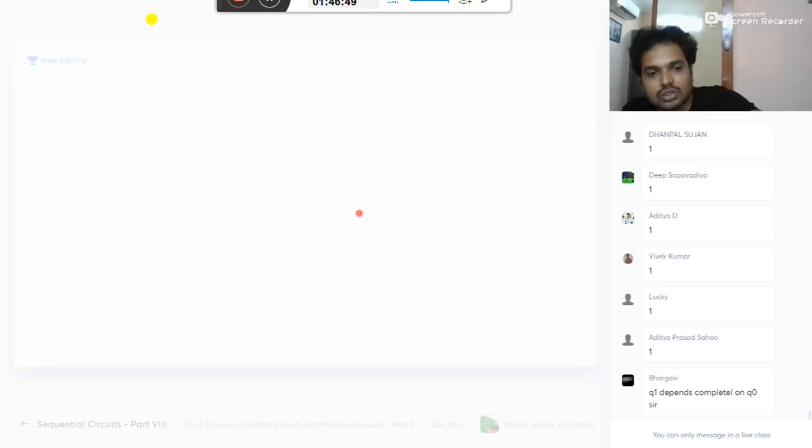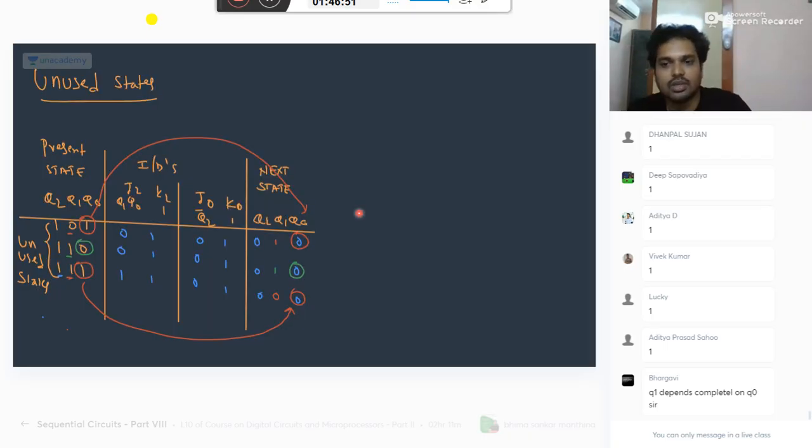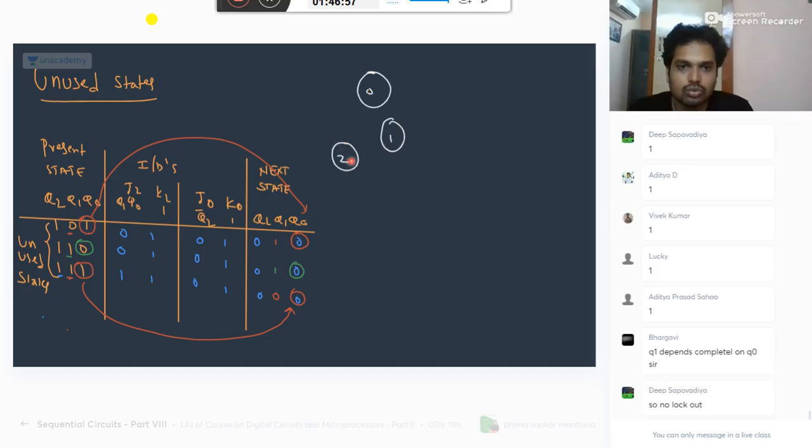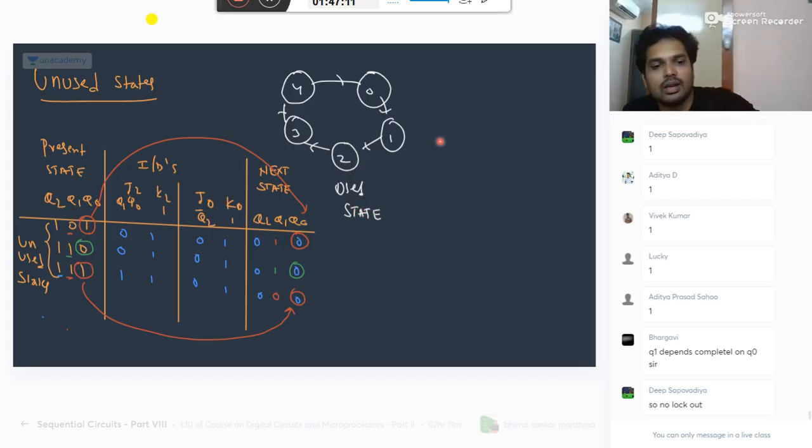Now, for this question, you take 0, 1, 2, 3, 4. These are the used states. And now what about the unused states?